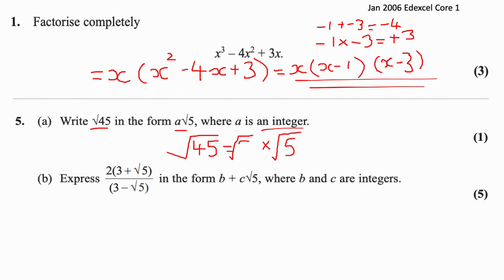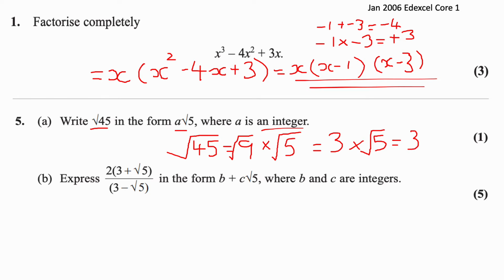Well, 5 times 9 is 45. So root 45 is equal to the square root of 9 times the square root of 5. The square root of 9 is 3. 3 multiplied by root 5 is equal to 3 root 5, guys.